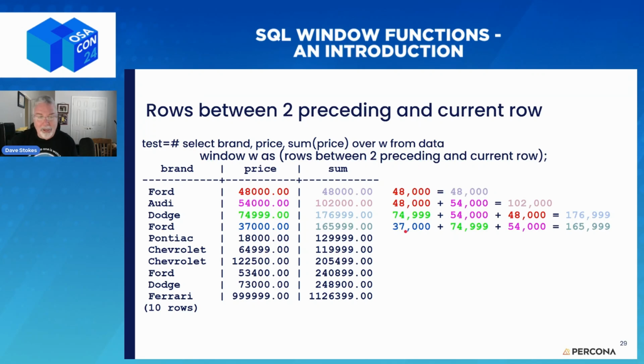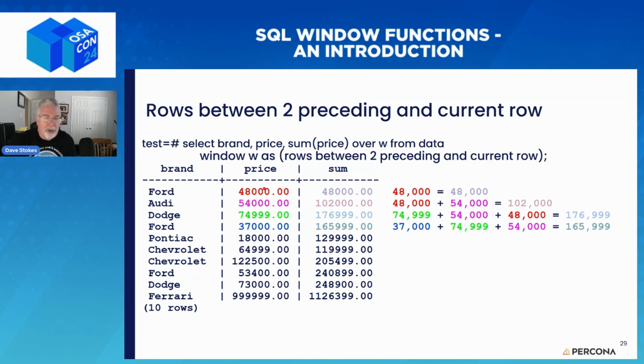Okay, get even wilder. Let's say we want to do rows two preceding and the current row. So first row, current row, 48,000. There's no two precedings, so our value just sums to $48,000. Audi, current row is 54. One preceding row is 48,000.